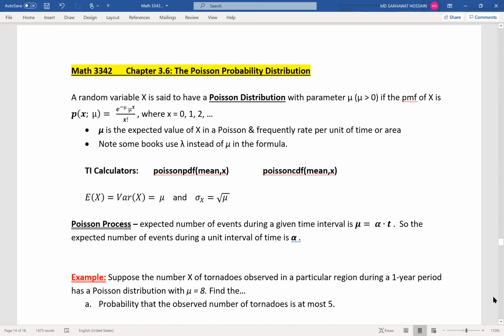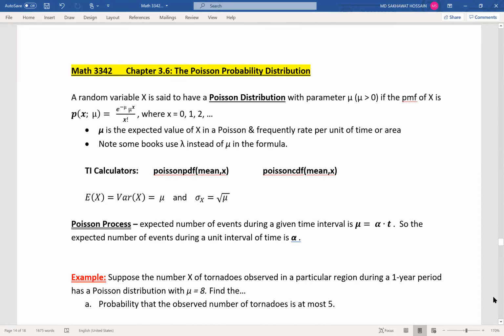So this is about Poisson distribution. The Poisson distribution is also a discrete probability distribution, and this is also a kind of waiting time distribution. So what is the waiting time distribution? For example, if you are waiting at a traffic signal and you are counting the number of cars passing the traffic signal in every hour or every 2 hours, in a given time.